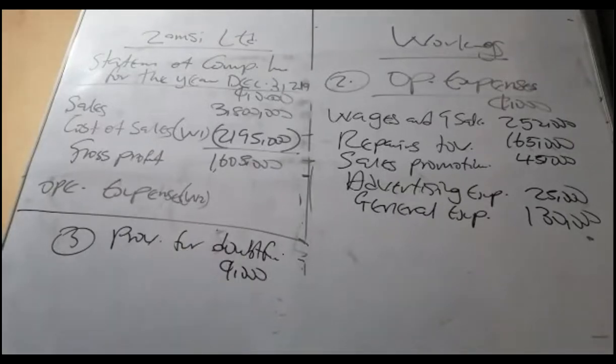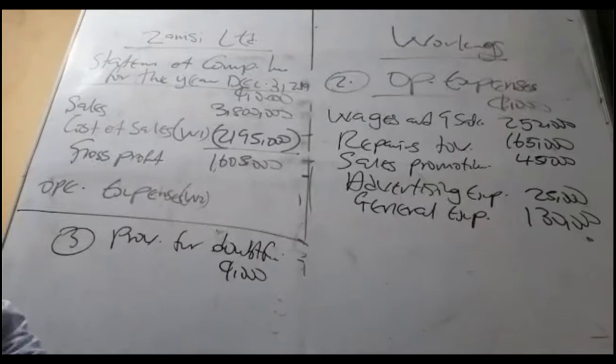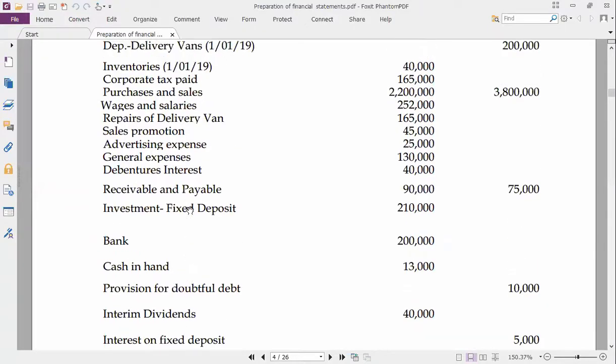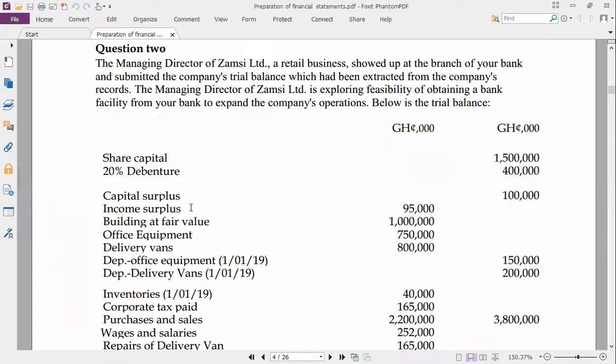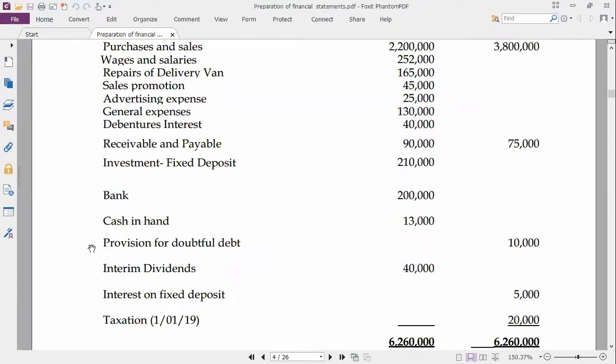Now, all provision is the movement that goes to the P&L. All provision is the movement. So let's go to the trial balance and pick the opening balance from the trial balance. So the provision opening balance is 10,000.